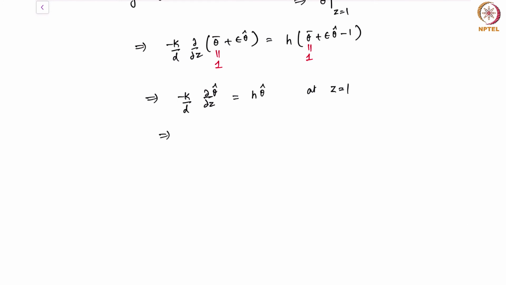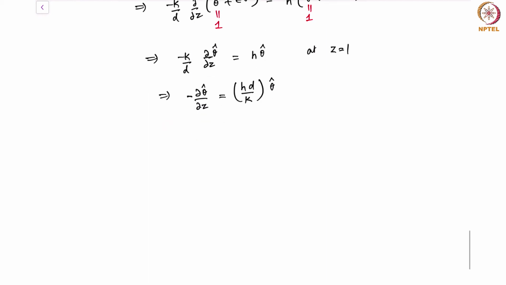And we can also write this as del theta hat by del z with a minus sign will be h d by k of theta hat. This quantity h d by k, essentially we can also call it the Nusselt number Nu, which is h d by k.